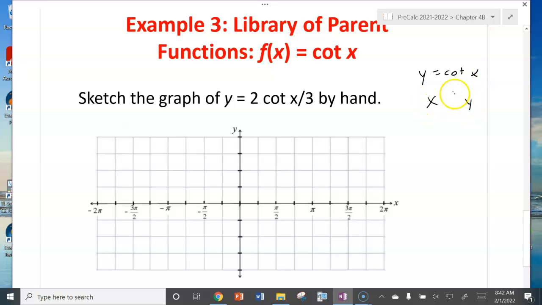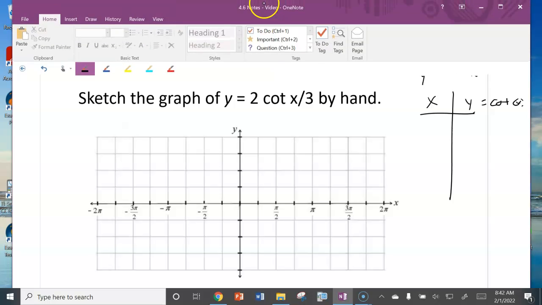So let's have an xy table. Now our asymptotes for the cotangent are values of pi, because that's where cotangent equals undefined. So I'm going to have an asymptote at pi. So let me sketch that in.